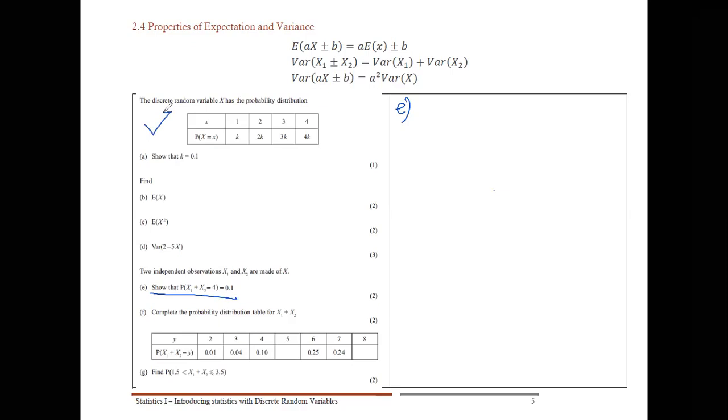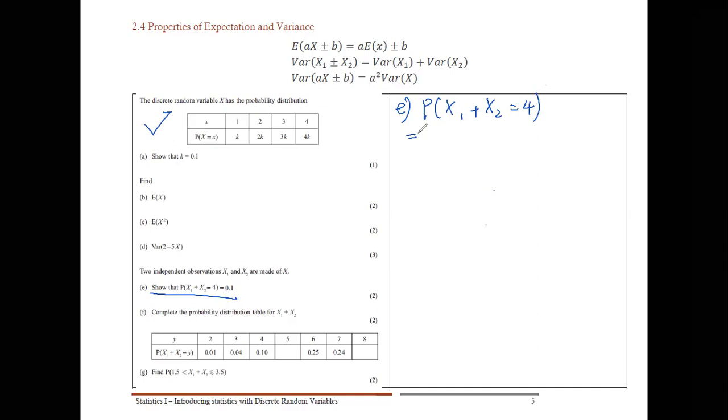So x1 can be 1, 2, 3, 4, and x2 can also be 1, 2, 3, 4. So what are they asking for? x1 plus x2 equals 4. How do we get x1 plus x2 equals 4?